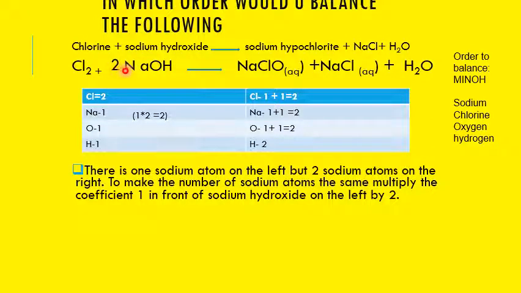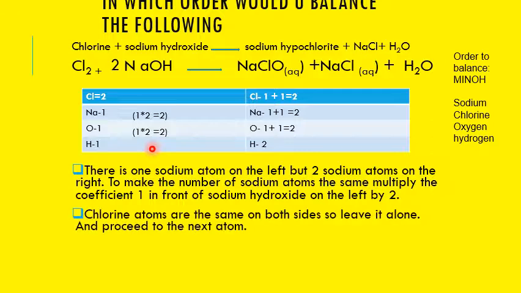So that 2 is for sodium and it is also for oxygen and hydrogen. So what we do next is we multiply the 2 for oxygen, so that 2 gets multiplied by oxygen 1, which gives us 2, and then for hydrogen, we are going to do the same thing.